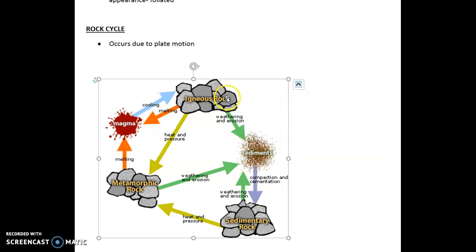If igneous rock or metamorphic or sedimentary is exposed to the surface, meaning wind and rain and other types of weather can meet the surface of that rock, it can be weathered and eroded to form sediment, which could then form sedimentary rock. And this happens when we have sediment that is deposited into lower lying areas like lakes.